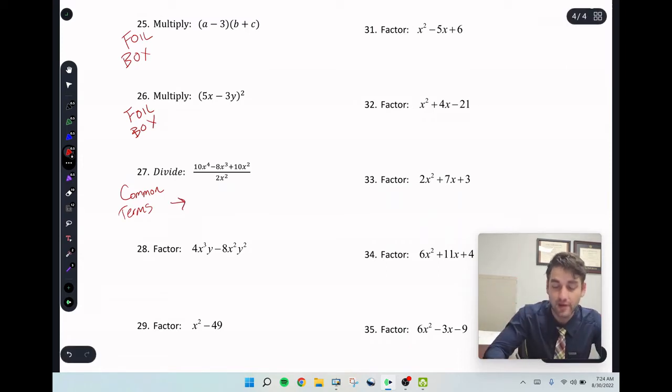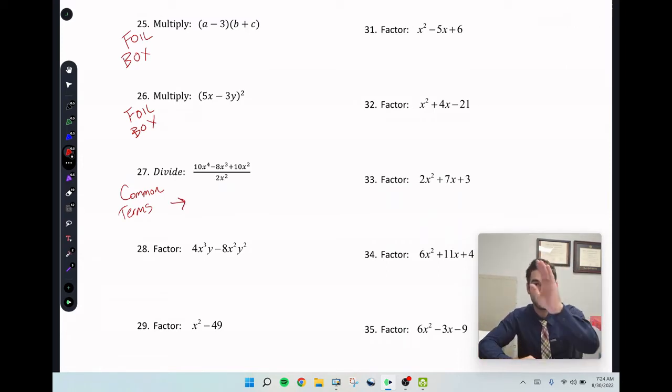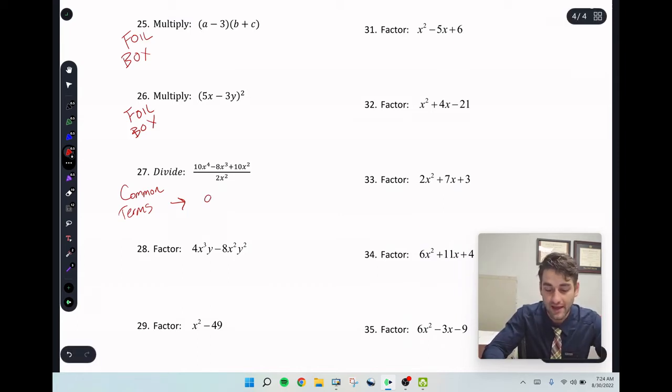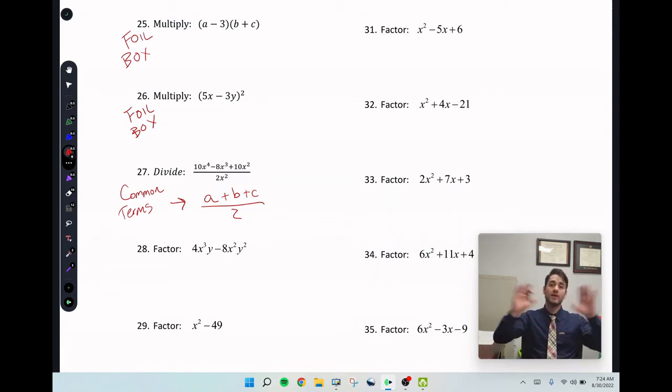And then on top of that, you're looking at what terms each of the top terms have in common with the bottom. And then on top of that, you're remembering this property of fractions. I'll use A, B, C and I'll use Z for the bottom. So A plus B plus C over Z, no matter what those letters are, those letters could stand for a billion different things.